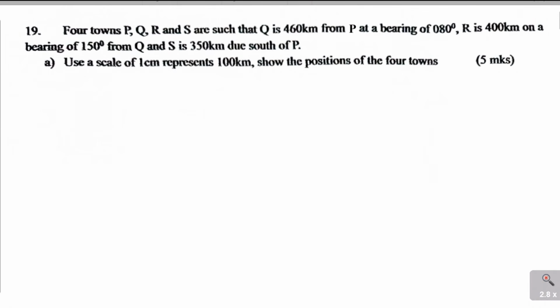Let's draw a sketch of what you have. So we have 4 towns. We start with the first one here. Q is 460 kilometers from P. So you shall construct the north here, 080. Remember, for true bearing, we measure from the north in a clockwise direction.